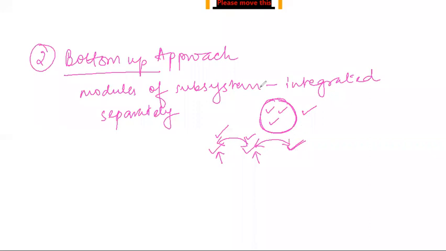Then I will understand that my module 1 and module 2 were working perfectly. After the integration of module 3, the error occurred. So there must have been some problem in module 3, or some problem in the interfacing region between the results from modules 1, 2 and 3.